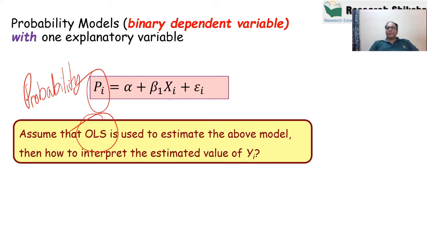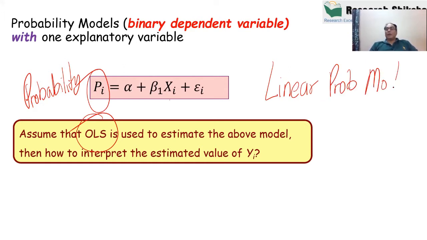And because I am applying the OLS model to predict the probability, this model is known as the linear probability model. In short form, this model is known as LPM.